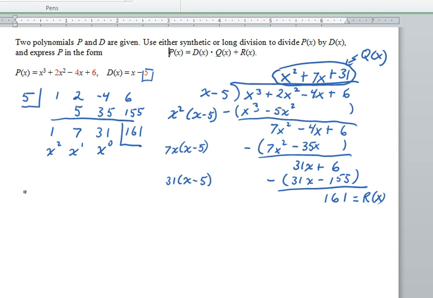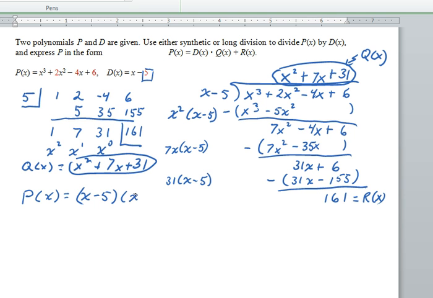So when we write the form we've been asked for, p of x should equal d of x, which is x minus 5, times q of x. Up here, our q of x is the same as it was for long division, x squared plus 7x plus 31.